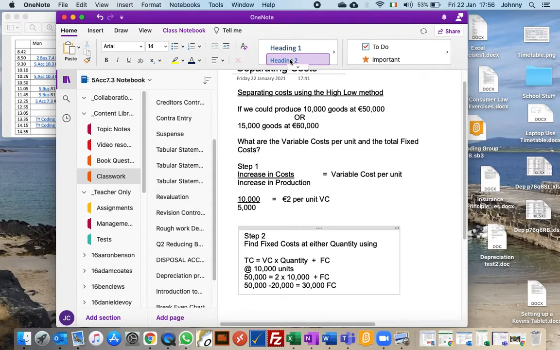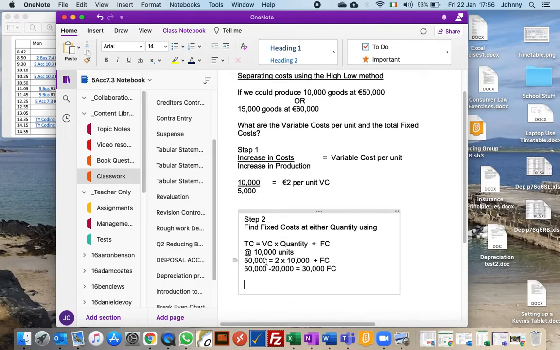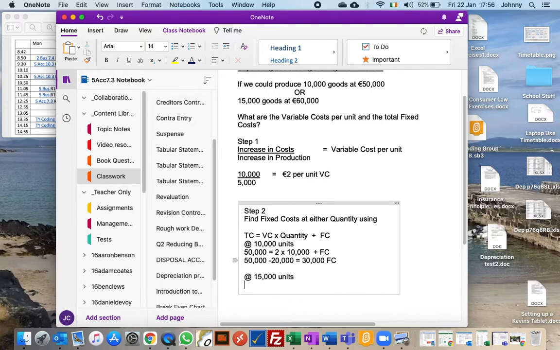Now, just like in the exam, you don't need to do both, but I'm going to do it at the other level of production just to prove it. So if we went at 15,000 units, we'd end up with 60,000 equals €2 multiplied by 15,000 units, because that's at this level of production, plus fixed costs.